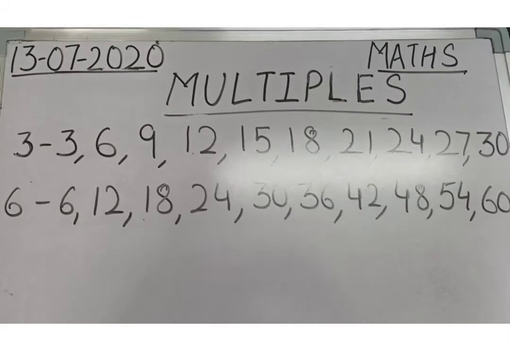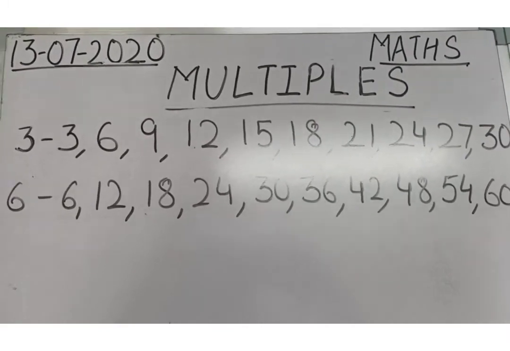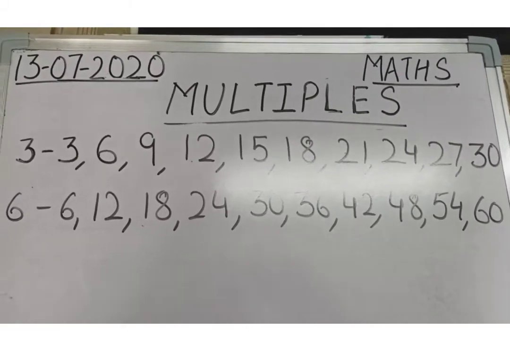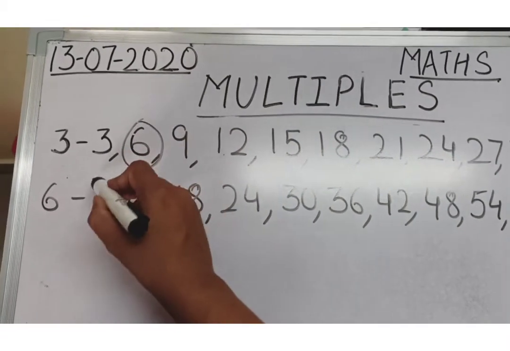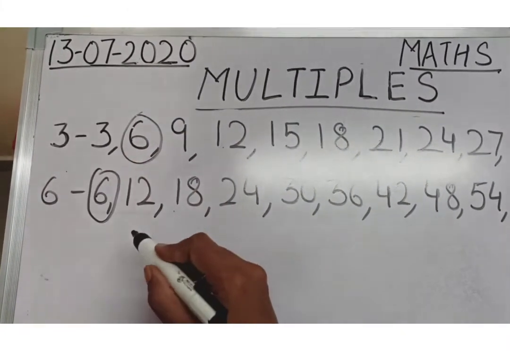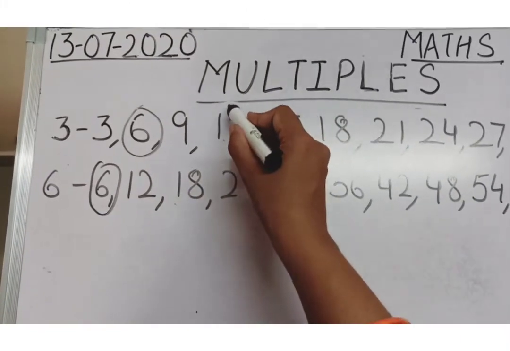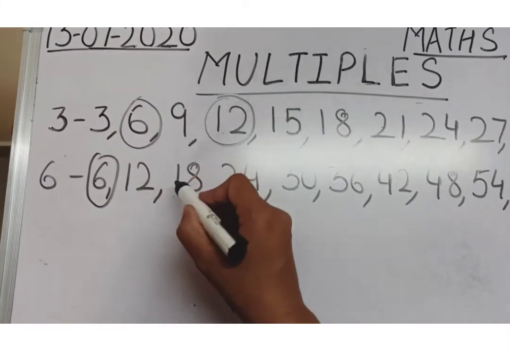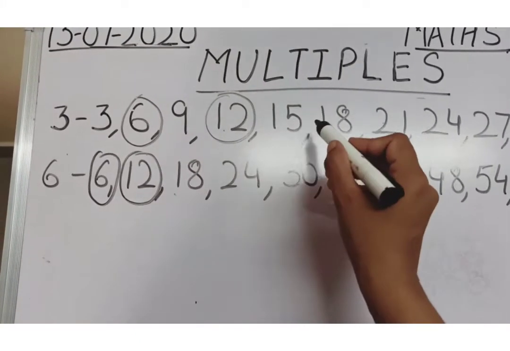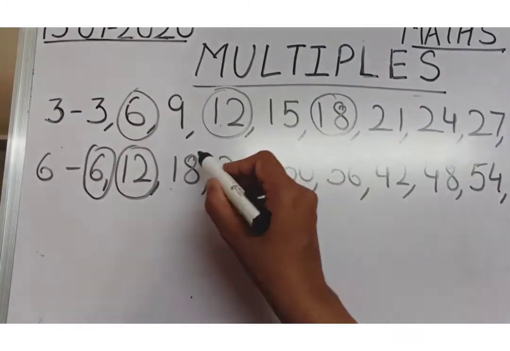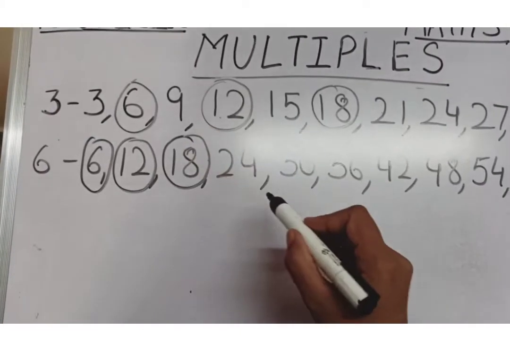And now, if I arrange both the tables in the same manner, we can easily compare. We have 6 here and in the table of 6 also. We have 12 in the table of 3 and in the table of 6. We have 18 in the table of 3 as well as in 6.